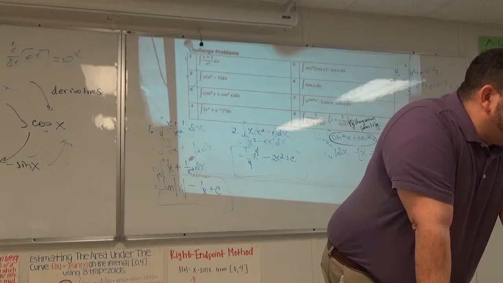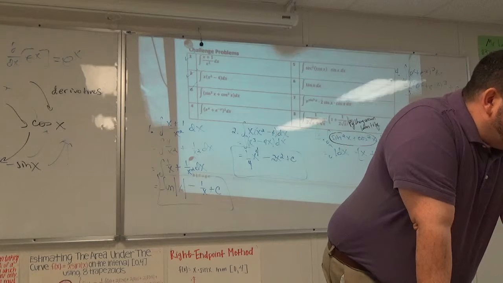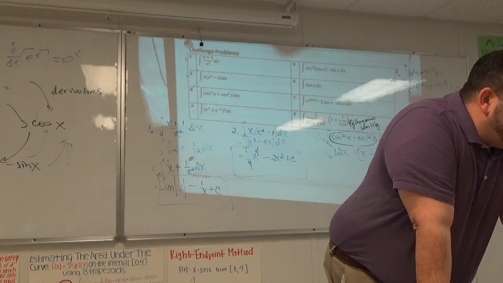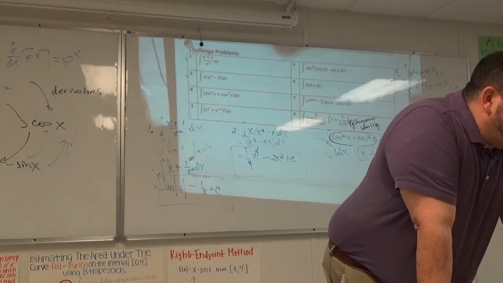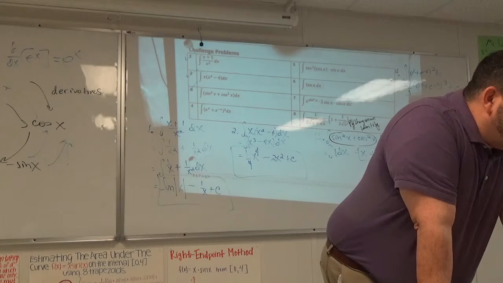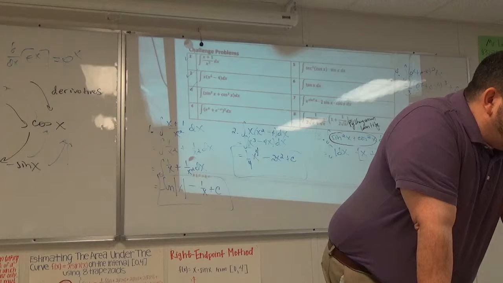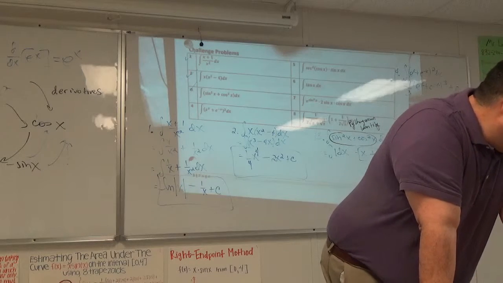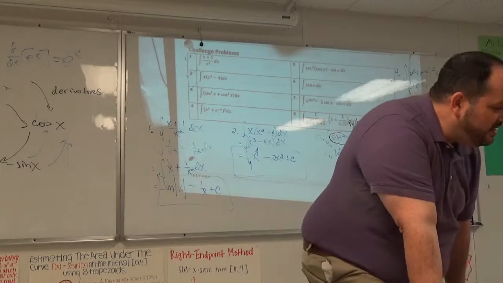And that could be helpful, especially if you think that cosine of x is the baby. But it's also in the denominator. Then sine of x is at the top.